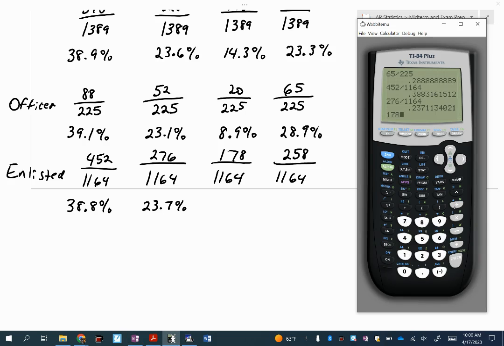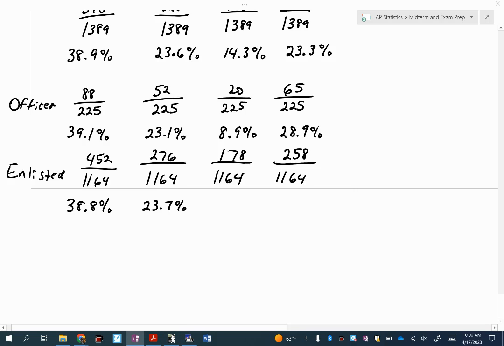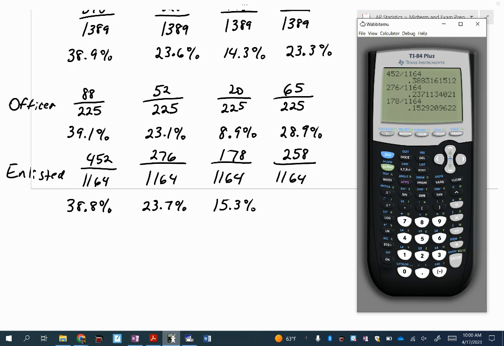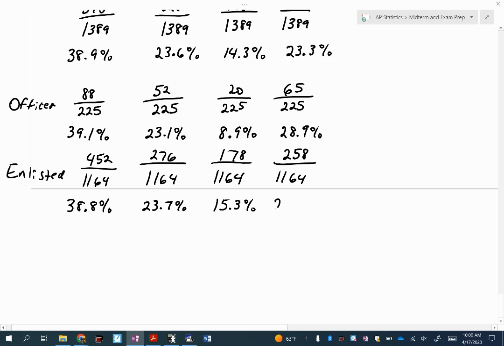But here's where we had an issue last time. Let's see if it happens again with the Marine Corps. 15.3. That's actually pretty close. So I wonder if it's going to be the Air Force that is the issue. Oh, nice. Not too bad. 22.2. It was just outside of 1%.